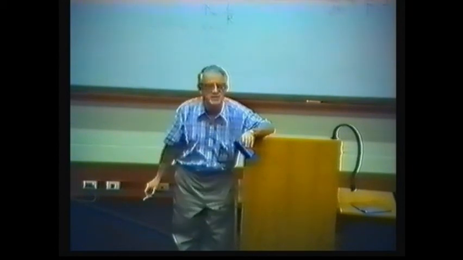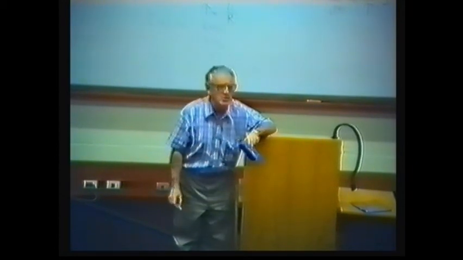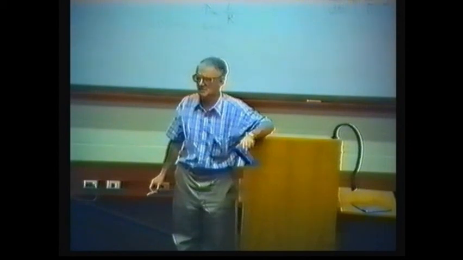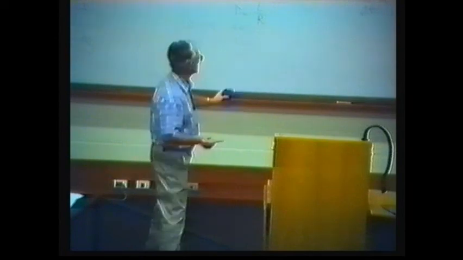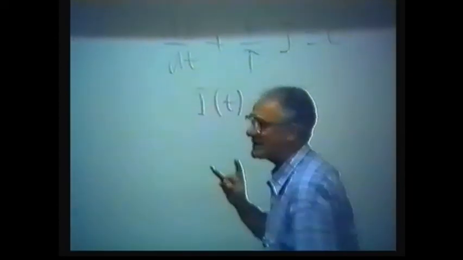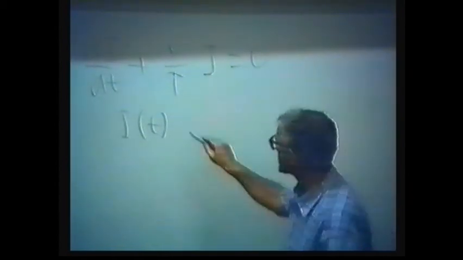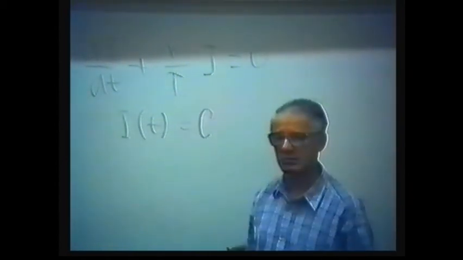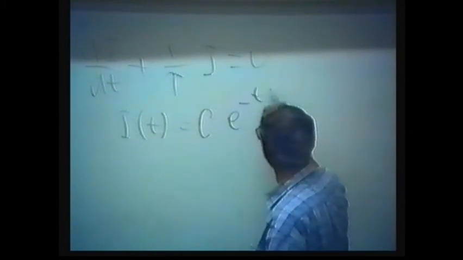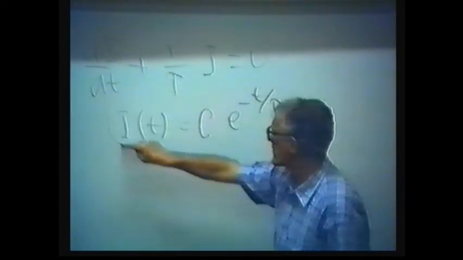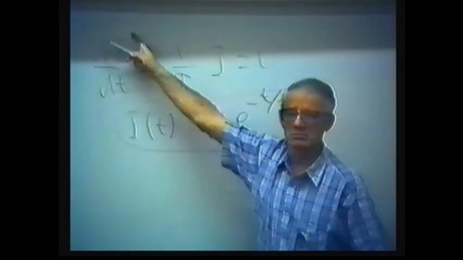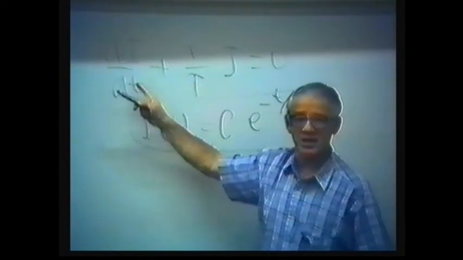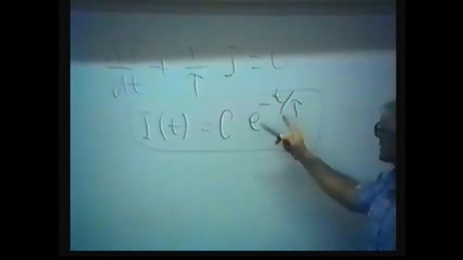What is the solution of this simplest differential equation of the first order? Of course. So current at each moment when time exceeds ramp time is equal to some constant C times e to the minus t over tau. Let us check me. Maybe I'm wrong. If we take the derivative, what happens with this term?